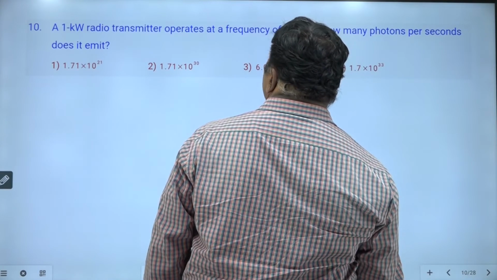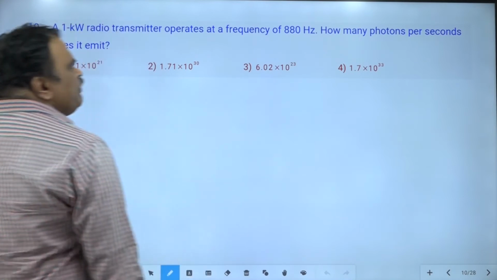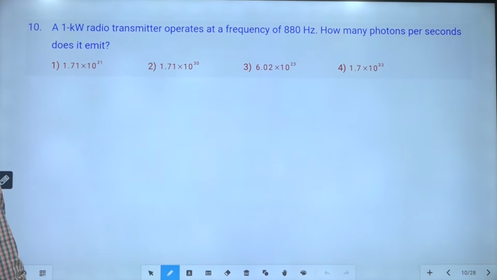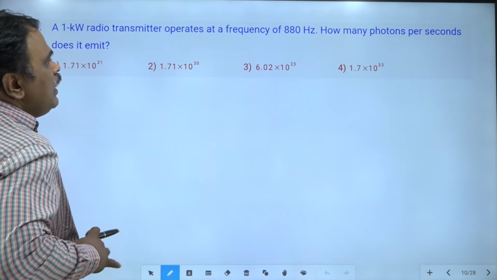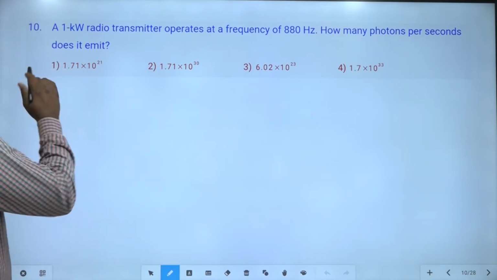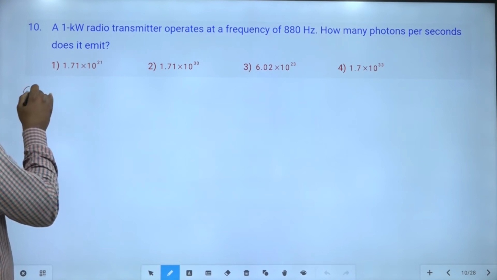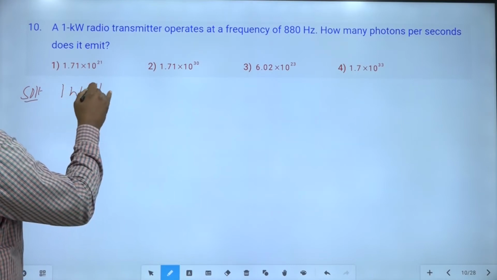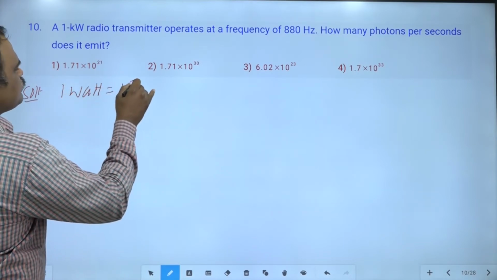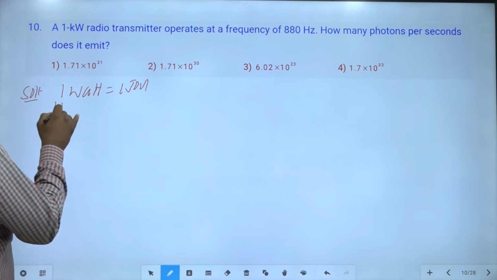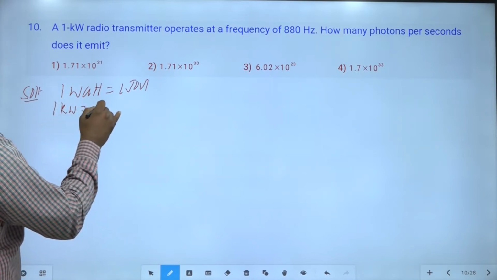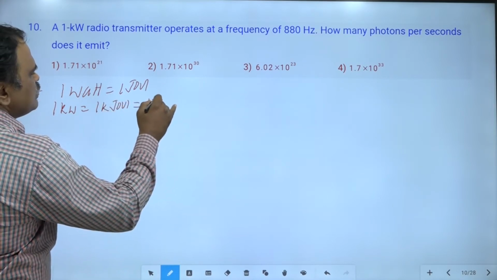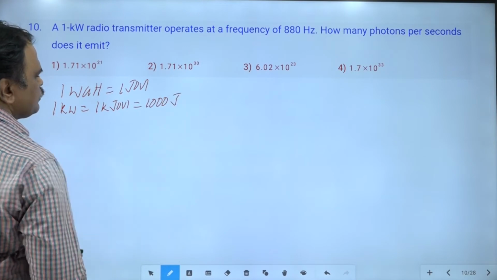A 1 kilowatt radio transmitter operates at a frequency of 880 Hz. How many photons per second does it emit? So, already we know that 1 watt is equal to 1 joule per second. 1 kilowatt is equal to 1 kilojoule, that is equal to 1000 joules.